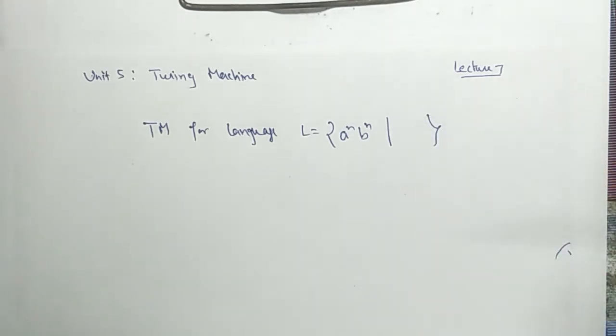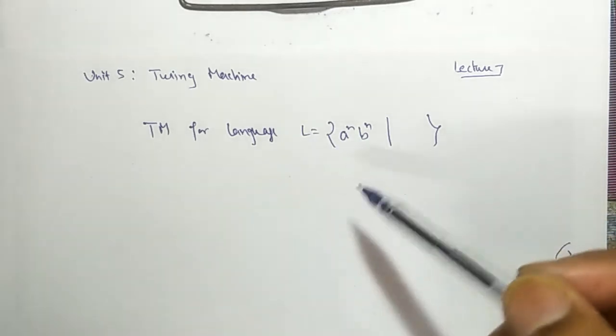We will try several conditions here. This language is well known to all of you, and we have already designed a Turing machine for the language a^n b^n, n ≥ 0, by erasing the symbols from the left corner and right corner.